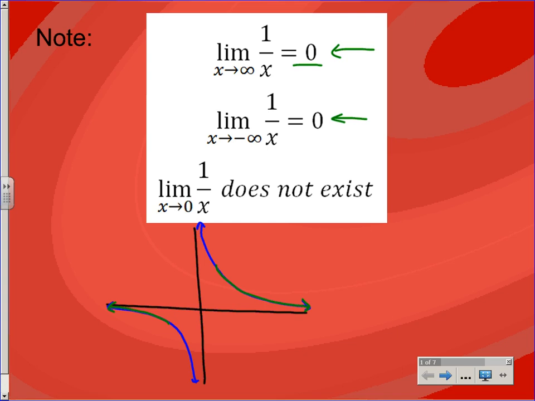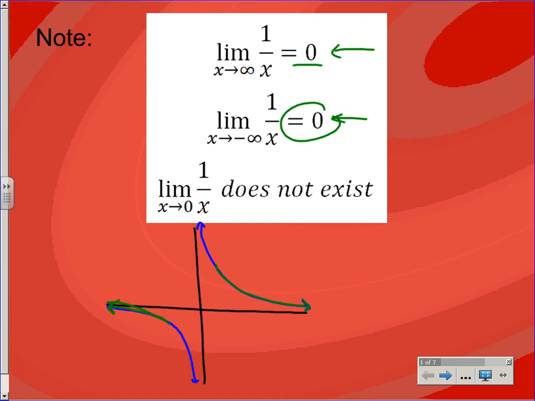So it's 1 divided by a very, very large negative, which gives you a very, very small negative number, but it's still getting closer and closer to 0 each time. So that's why we say the limit here approaches 0, right? You can see it getting closer and closer to the x-axis. Notice in that case, it's getting closer and closer to 0, but it's a negative the whole time.